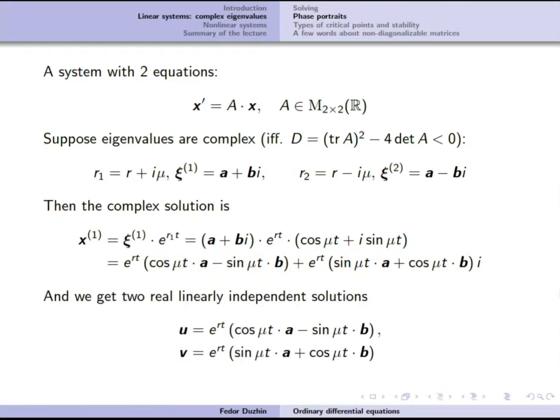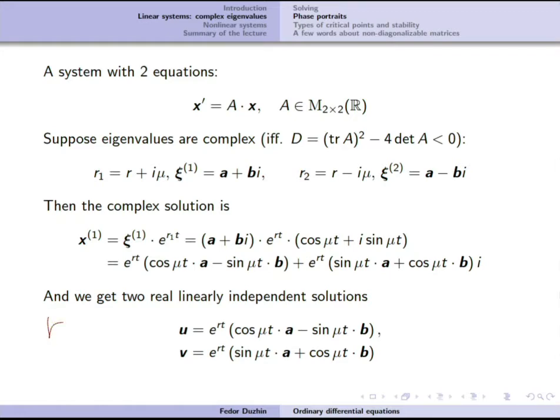So it means that we have two real linearly independent solutions. And now it's easier to understand what's going on because, in any case, we have this multiplier in front, e to the rt, and of course, r could be positive.